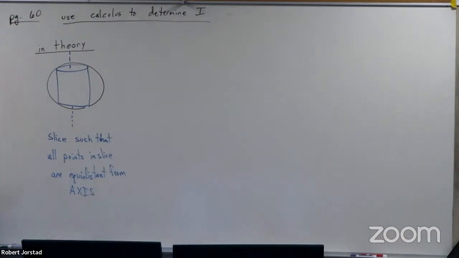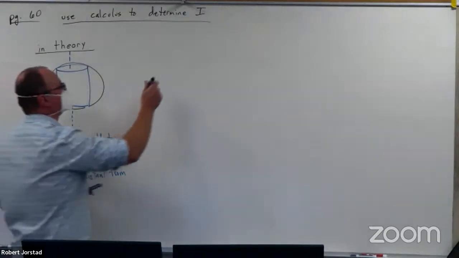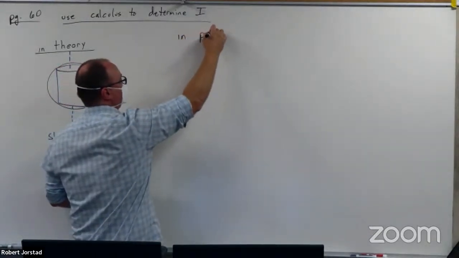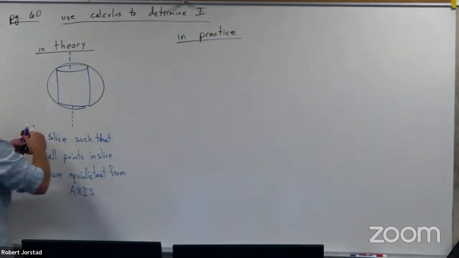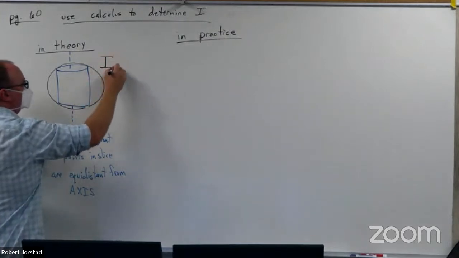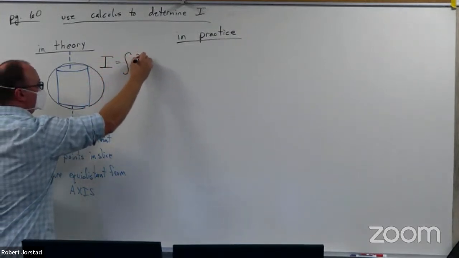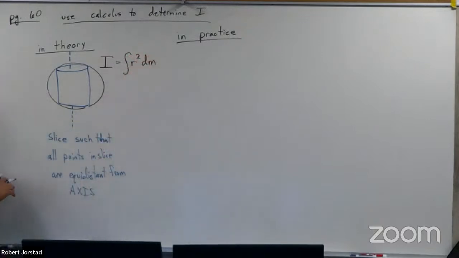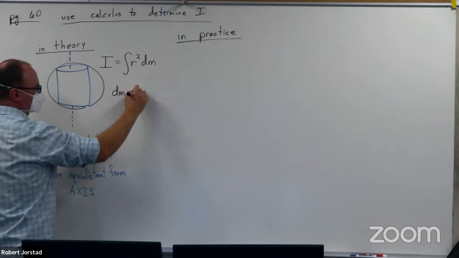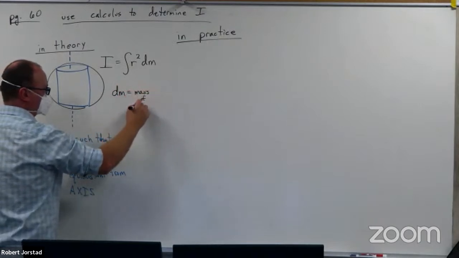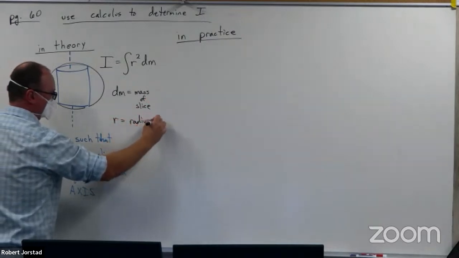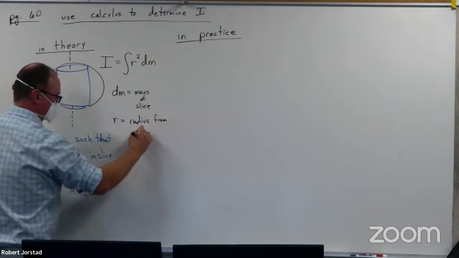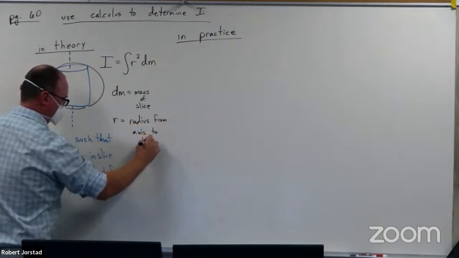In theory, the way to do that is to use cylindrical slices and do what's shown in the book. In practice, we can simplify things a lot. The equation you would use is r squared dm. dm is the mass of the slice, and r is the radius from the axis to the slice. Okay?